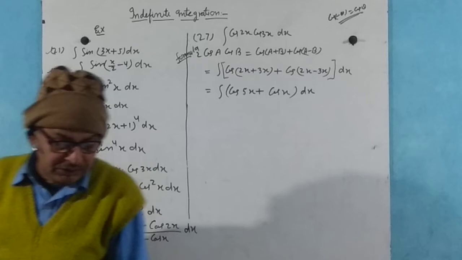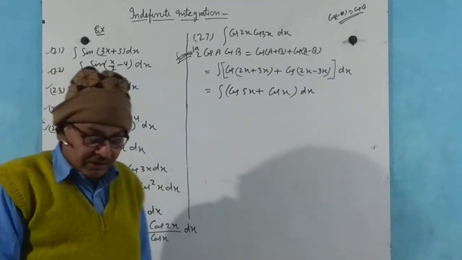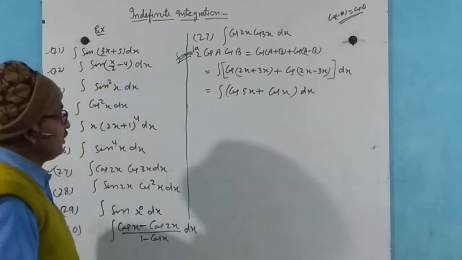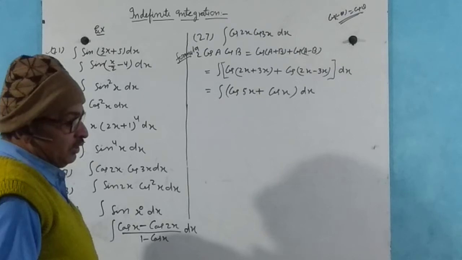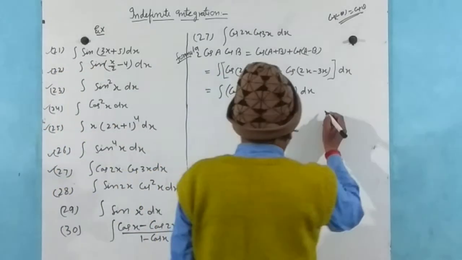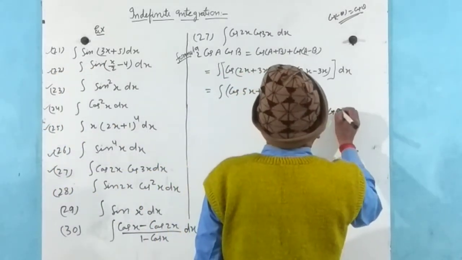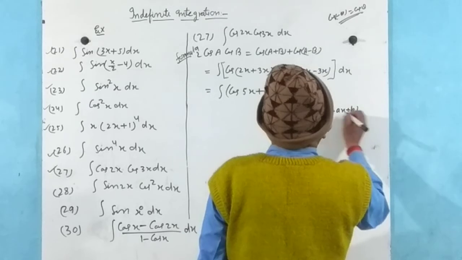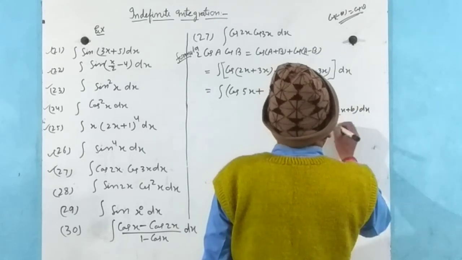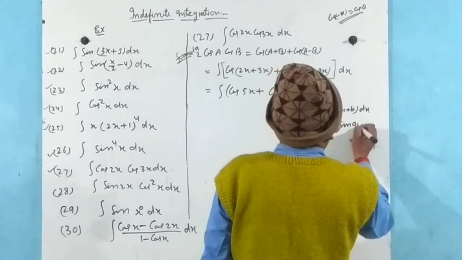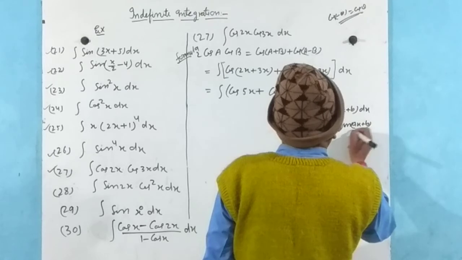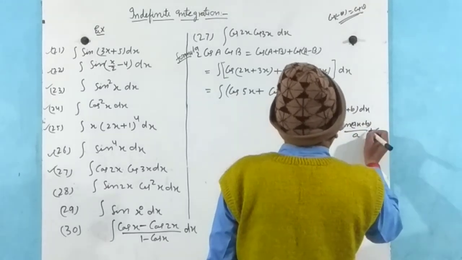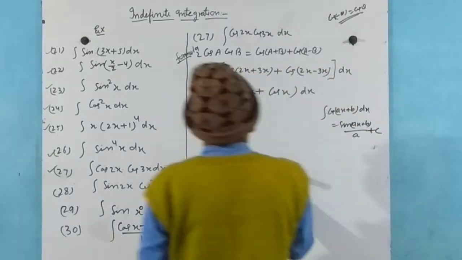Now the integration of cos x equals sin x. As you know, the integration of cos ax plus b dx equals sin ax plus b divided by a plus c. We apply that here.